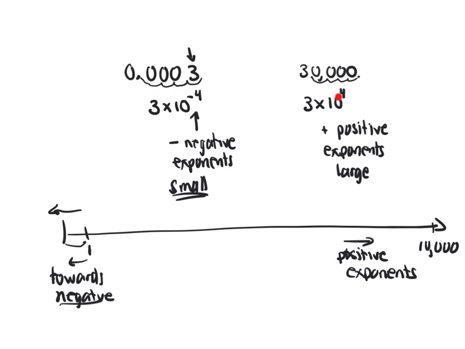So I have a positive 4 as an exponent. Here, my first non-zero number is 3, and then I have 1, 2, 3, 4, the decimal place is 4 to the left of the 3, so to the left is a negative 4.